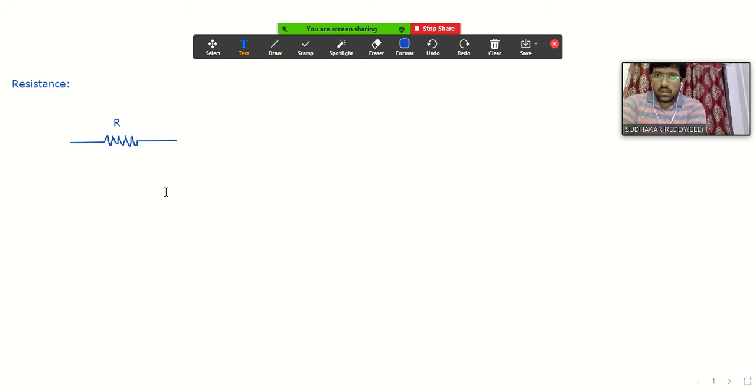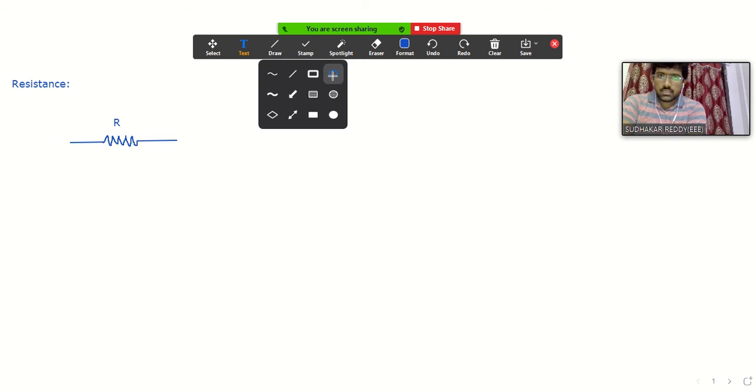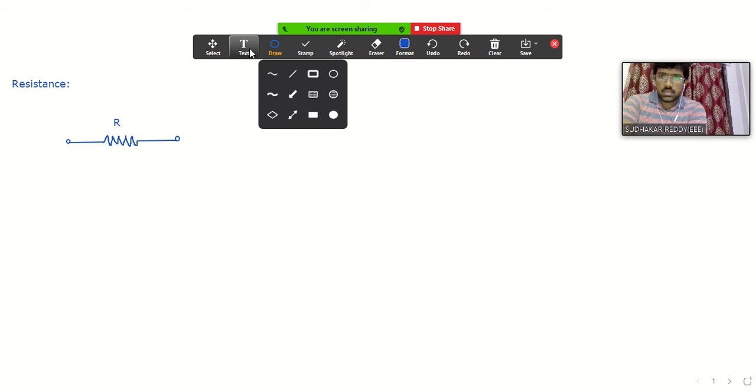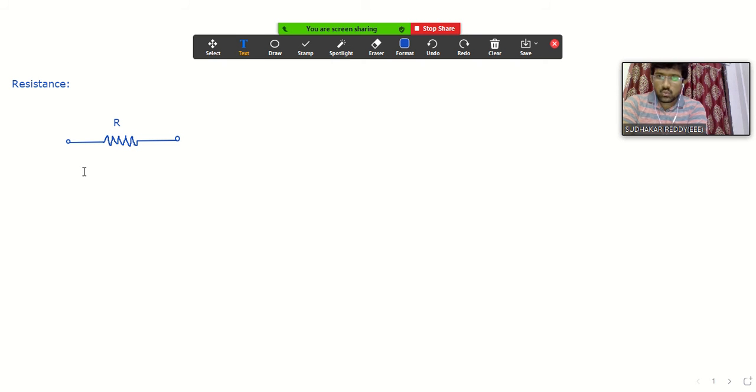R. And when it comes to units, resistance is nothing but opposition, right? So keep in mind, always the opposition parameters, the units for the resistance are nothing but ohms only.